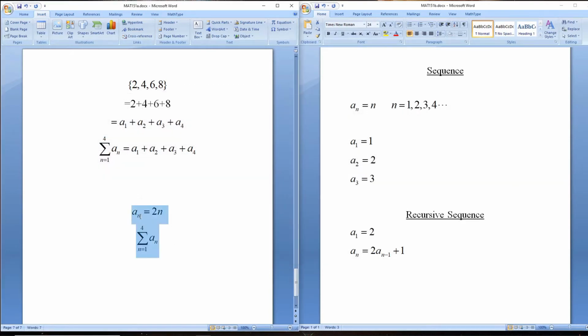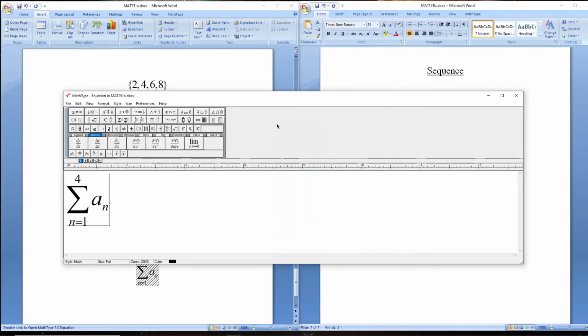So here now are the two pieces of information we have. The summation means add together all of these numbers. I just want to write this out to be as clear as possible on what we're doing here.